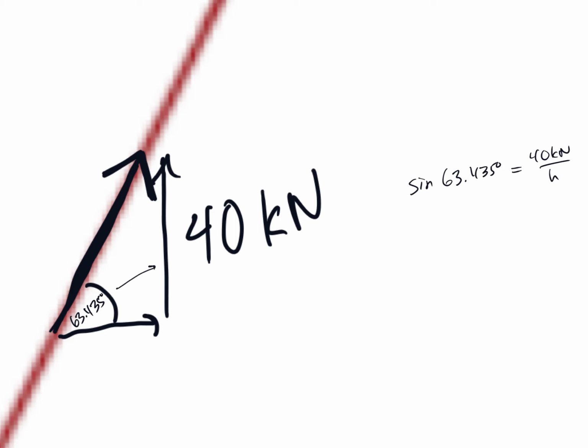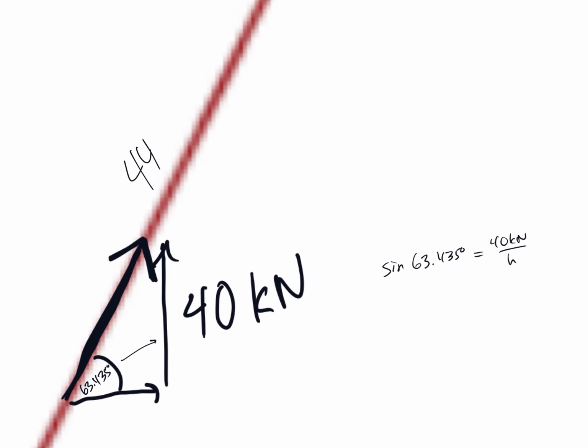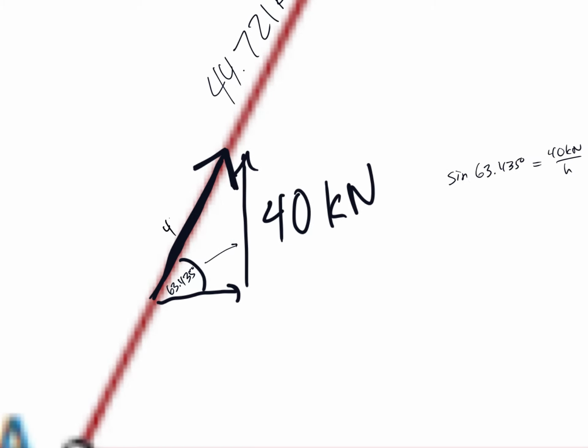So the hypotenuse is 40 divided by the sine of 63.435, which is 44.721. We usually like to put that right out here: 44.721 kilonewtons. I can put it on the little triangle too, 44.721.